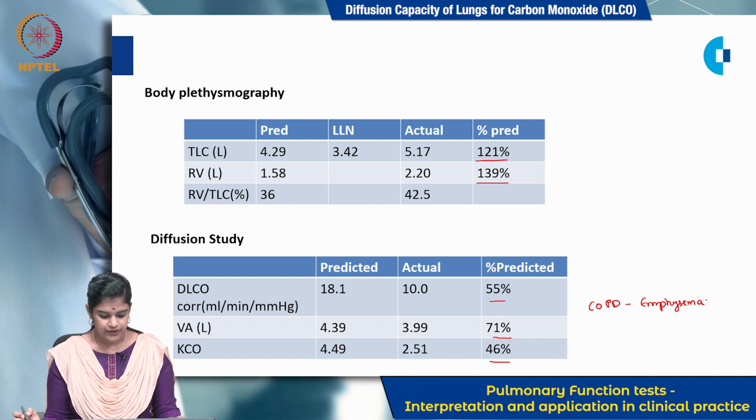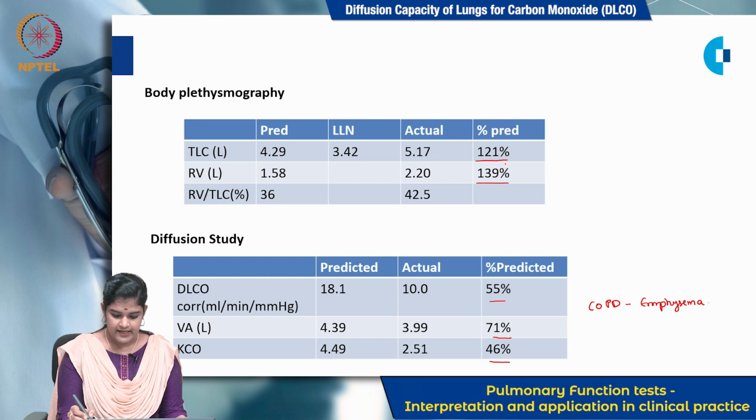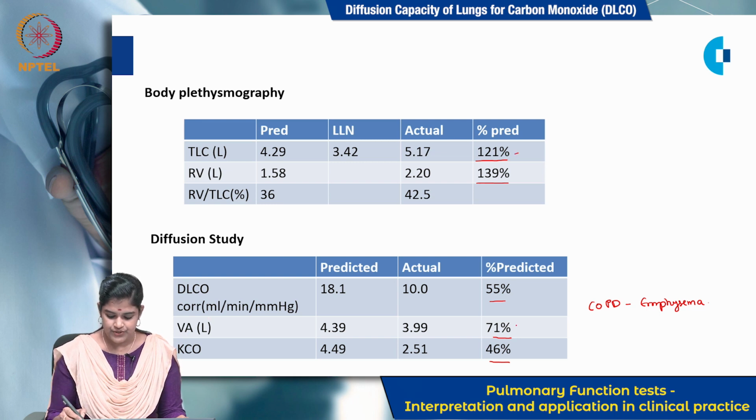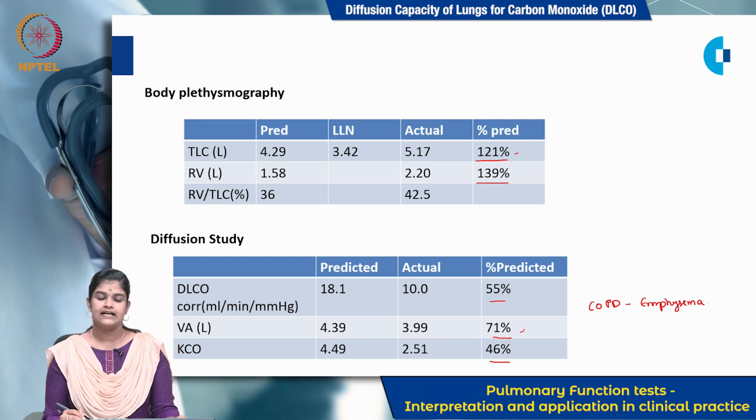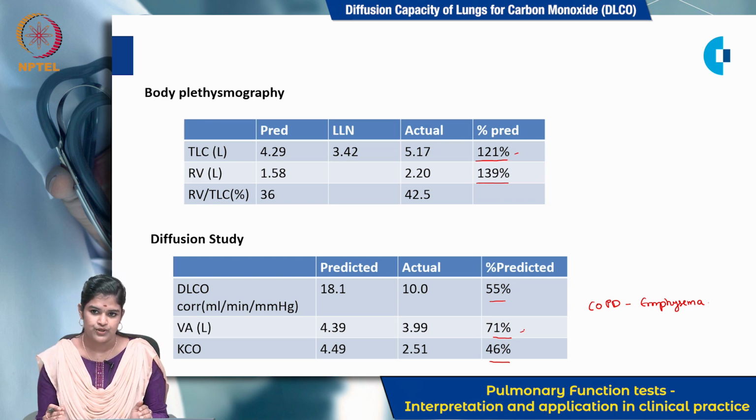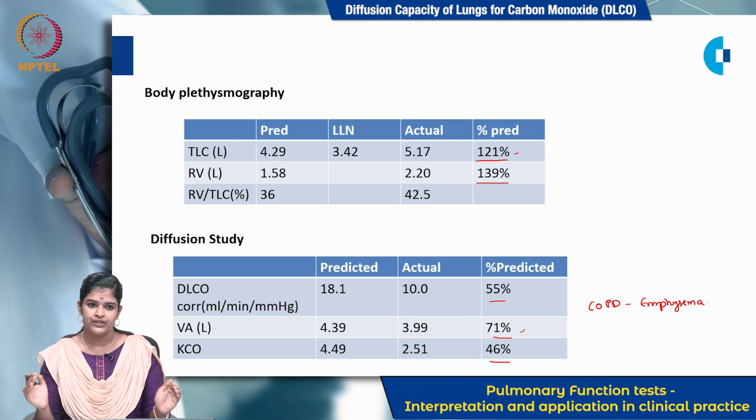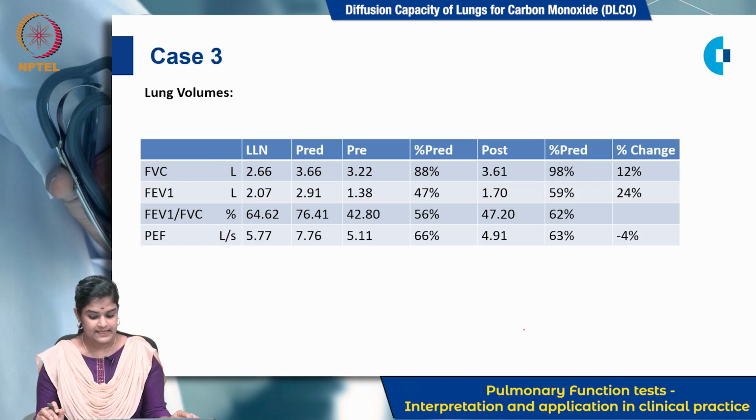One point to note here is that VA is very much reduced compared to the TLC, telling us that there is maldistribution or inadequate distribution of ventilation throughout the alveolar membrane. Let us move on to case 3.